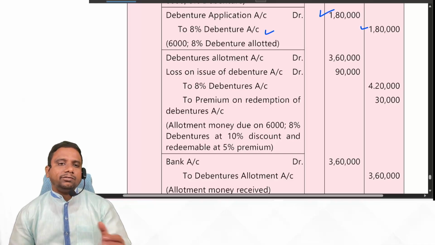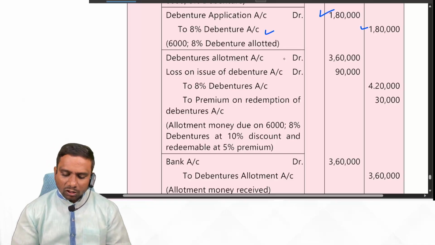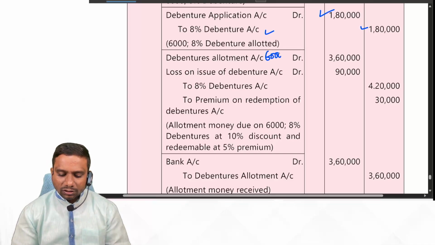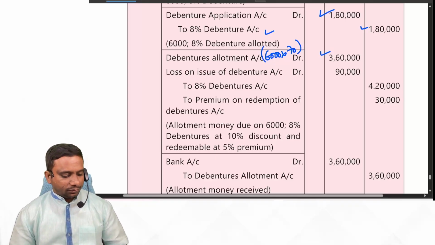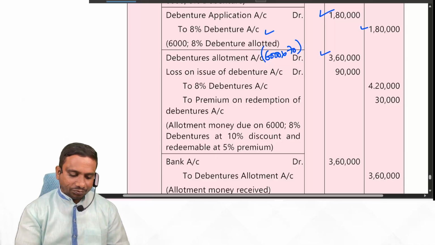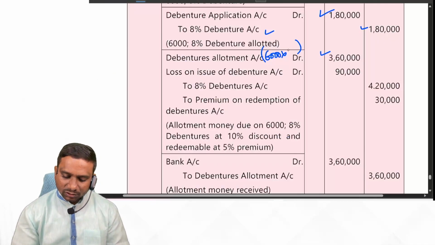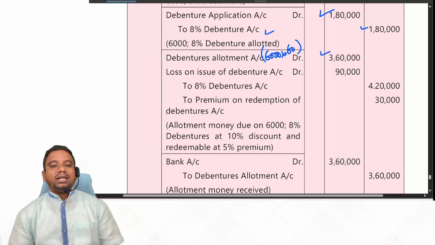First record the entry for allotment due. Debenture allotment account debit, 6,000 debentures into 70 rupees, that is 4 lakh 20,000. With the 10 rupees discount, how much amount do we receive? 3 lakh 60,000.